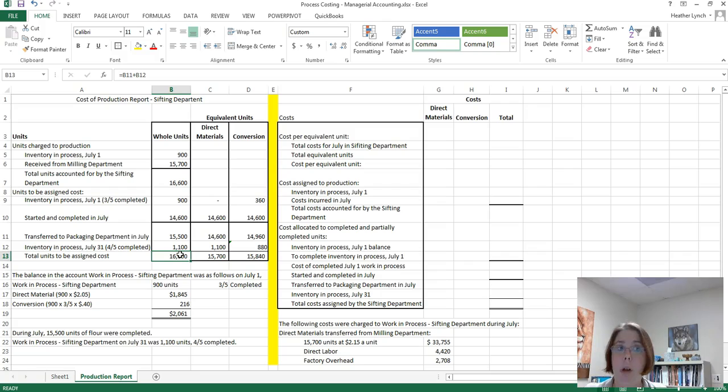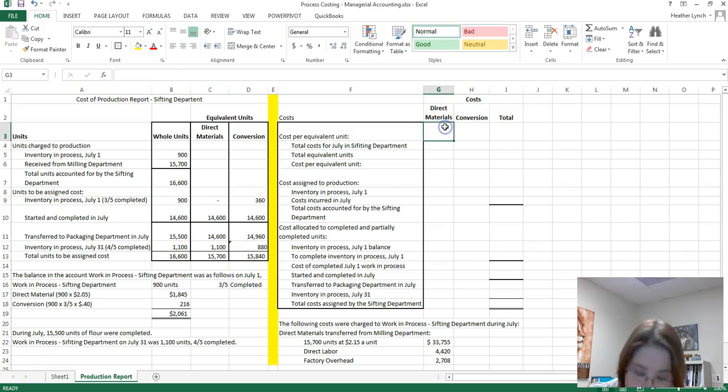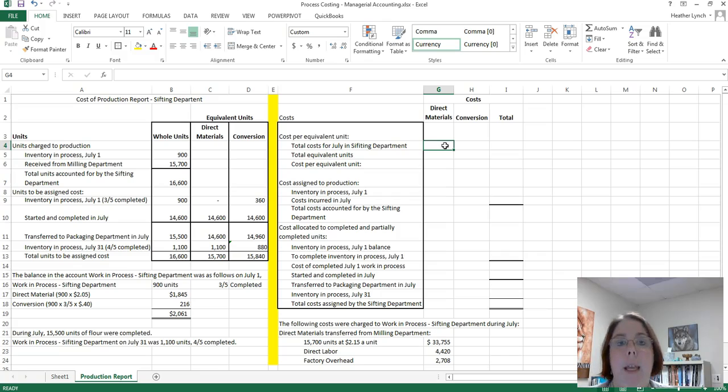So now, cost of production report, we have to look at the actual cost. And we're going to separate this between direct materials and conversion, and we'll have some totals. Okay, so total cost for July in sifting department.